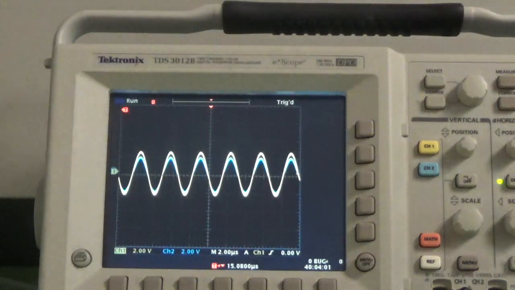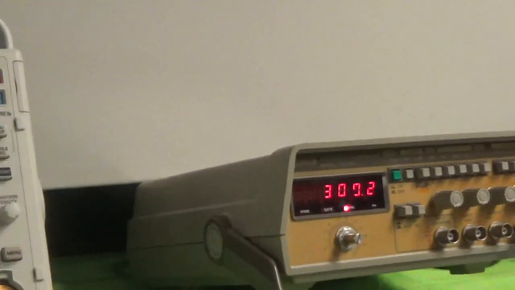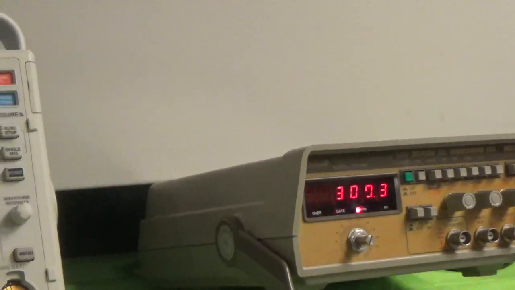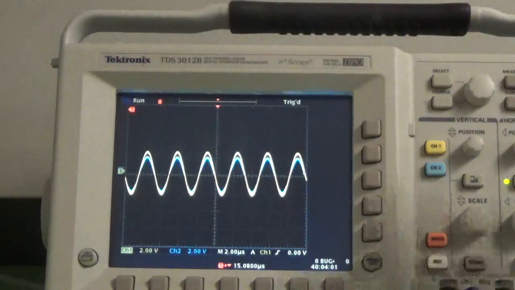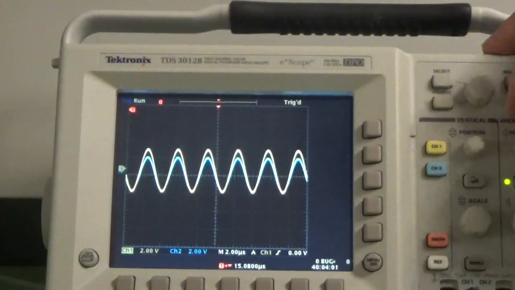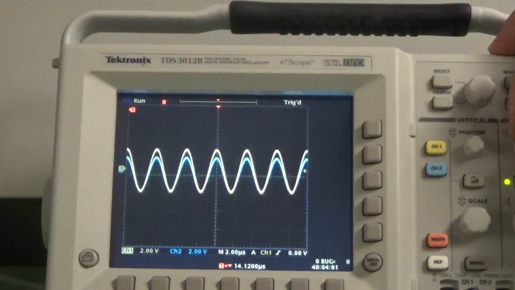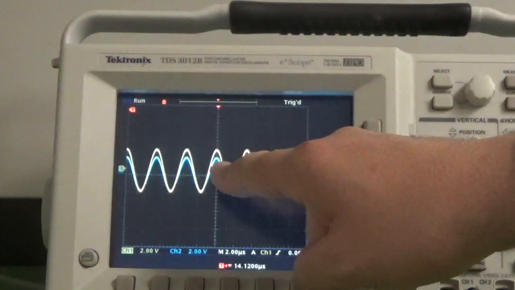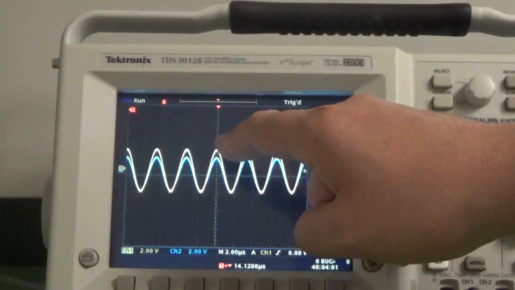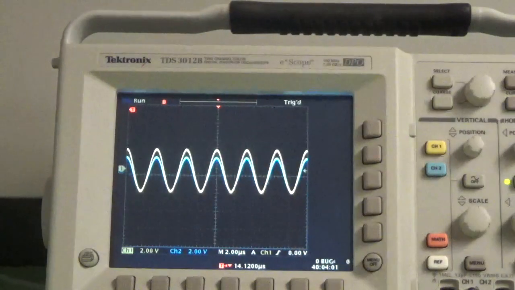With 300 kilohertz from the function generator, you can see here that now we have 2 squares point 6, so 2.6 times 2.